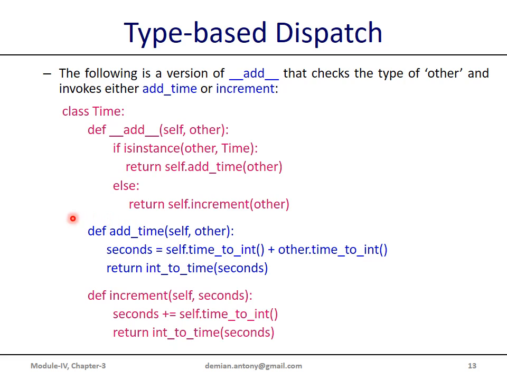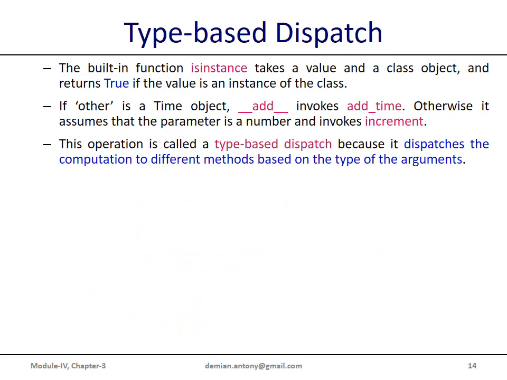We have already defined this add time by using a subject and other object, and also we have to define this increment as part of the class. And this selection of a method for execution at runtime based on the type of the parameter is called type-based dispatch.